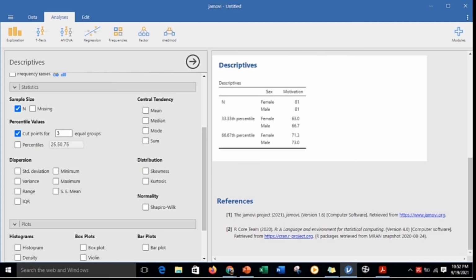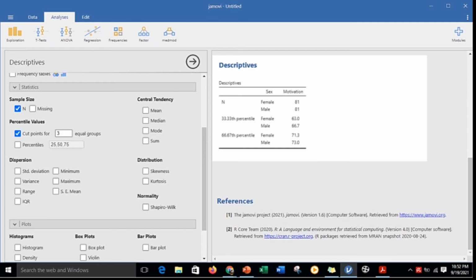As you can see, Jamovi provides the value for the 33.33 percentile, which corresponds to the cutoff score in determining the scores of the respondents with low motivation. Moreover, the score is higher than 33.33 percentile but lower than the 66.67 percentile indicate average motivation, and the scores higher than 66.67 percentile indicate high motivation.